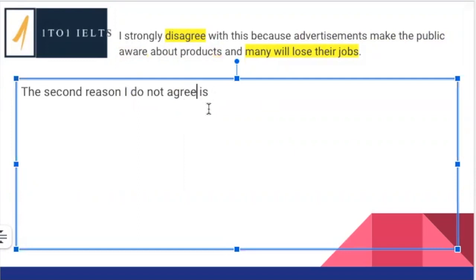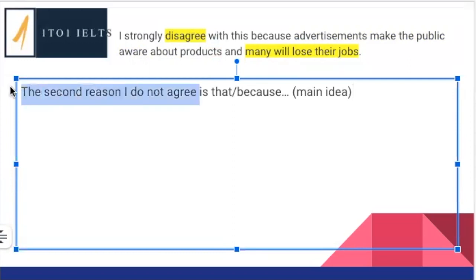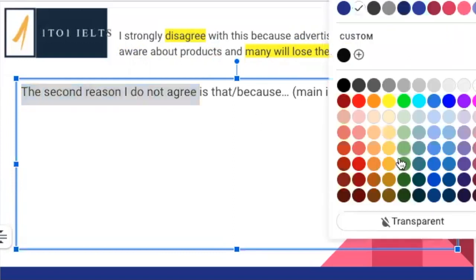So the reader is not inferring; it is very clearly stated already in your essay that, okay, the second reason I do not agree. So for this part, we just need 3 parts: is that, or because, and then. So here we're just going to have this 3-part strategy for our second idea.